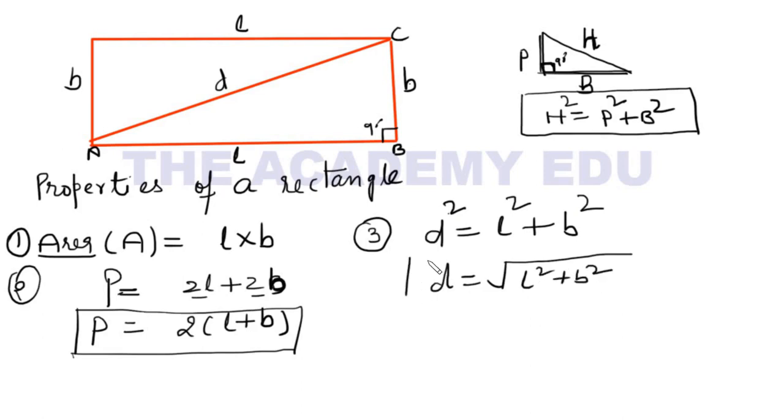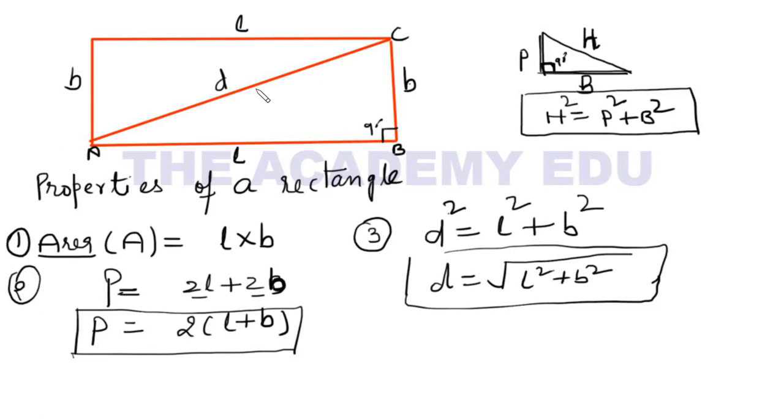This is the formula of diagonal. You don't need to memorize this formula. Have you seen how I got this by Pythagoras theorem? If you are still unable to get it, we uploaded a video on the Pythagoras theorem. If you watch that video, it will be clear for you.